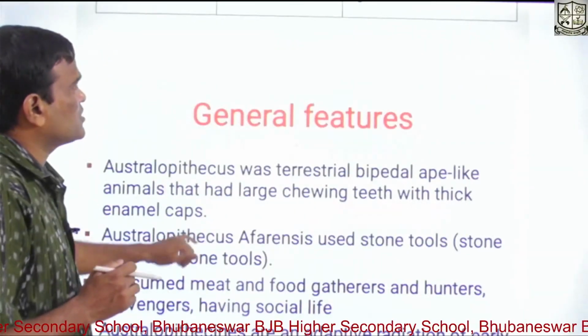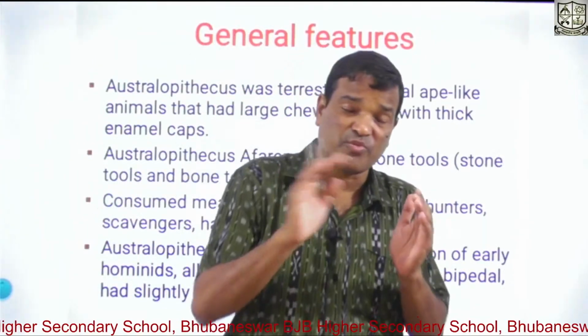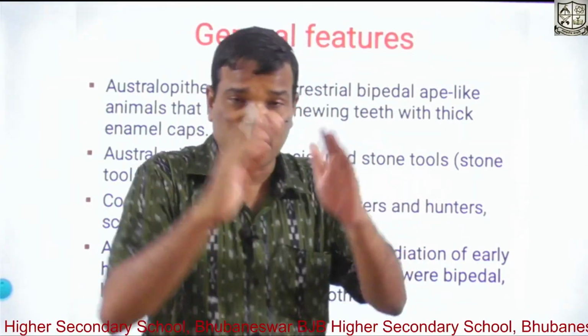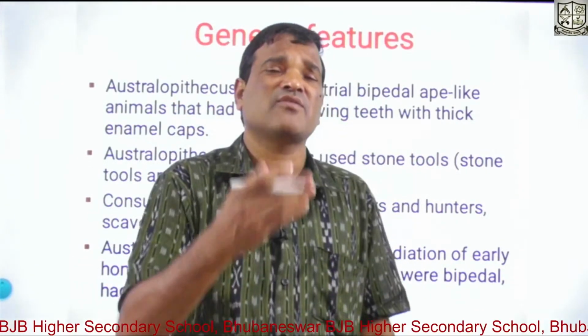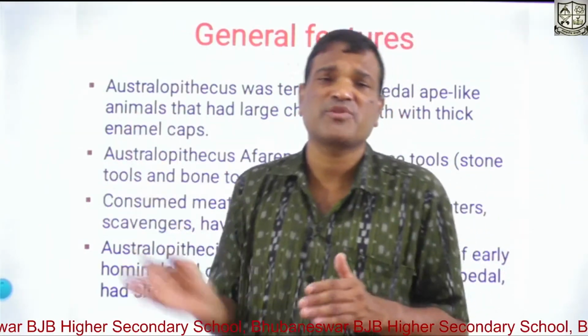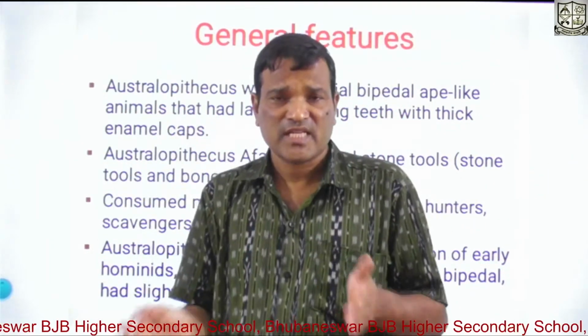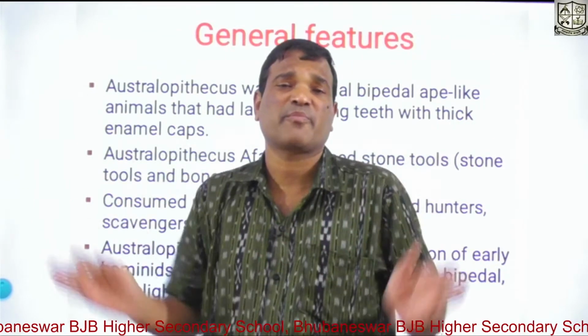So these are the two varieties of Australopithecus, the robustus type and the glacial type. The classification of fossils under the glacial or robustus type is based on the different anatomical traits observed in fossils discovered from different parts of Africa.